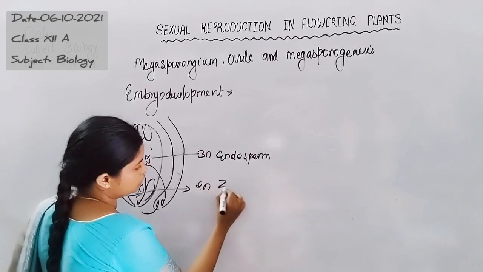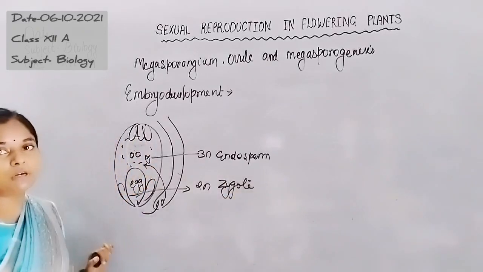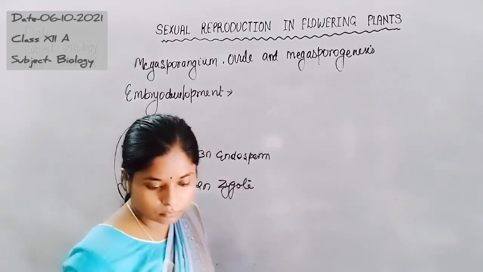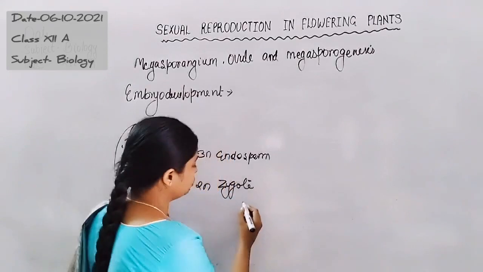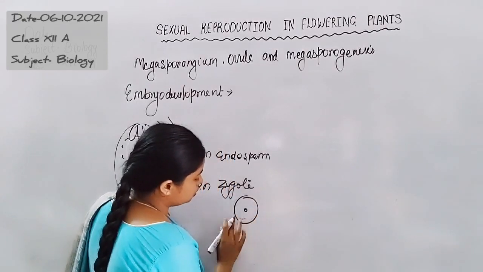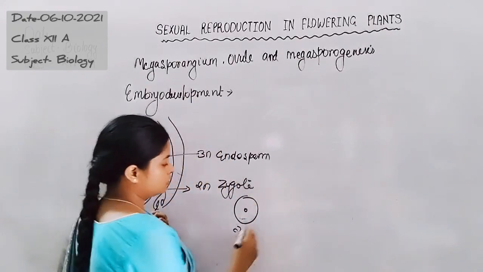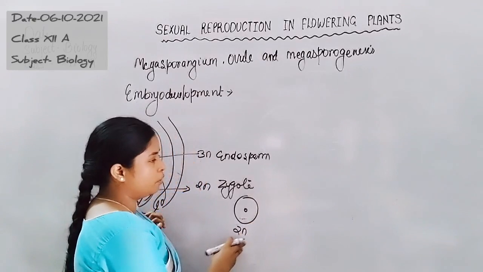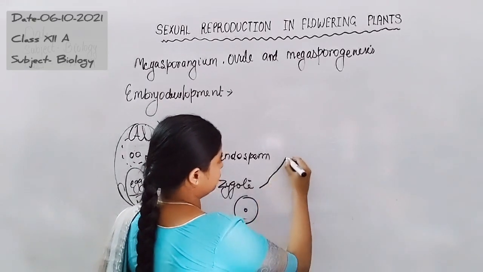The zygote is now converted into the embryo. So how is the zygote converted into the embryo? The zygote is a single cell with a 2N nucleus. The two nuclei, of the male and female gametes, are fused to form the diploid zygote.